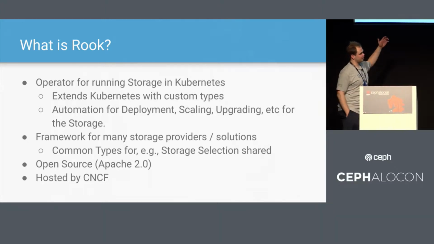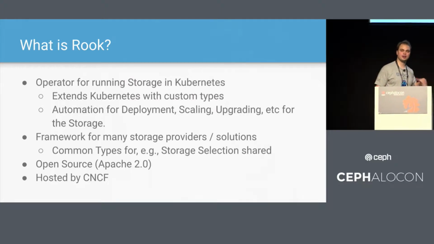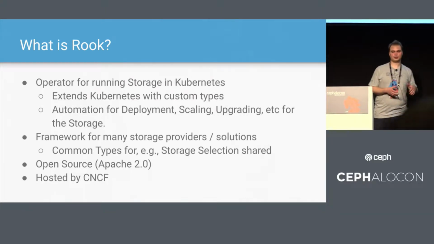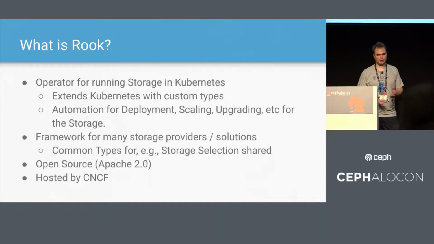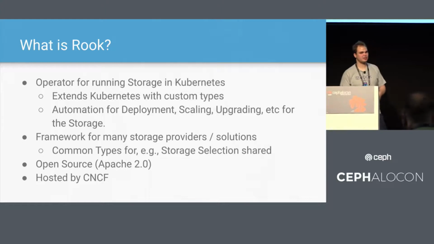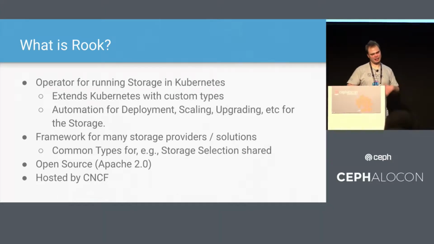Another point is that, as already said, Rook is not only for Ceph. Rook in itself tries to be a framework. For example, maybe you have heard about the company Nexenta. They have the project EdgeFS, which is also kind of like Ceph in that regard.